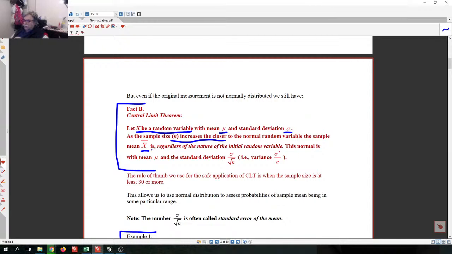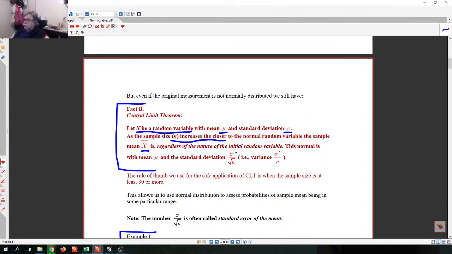Once you have a sample of at least 30, you can claim that this guy is approximately normal, again regardless of the nature of the original random variable. The original random variable, high school GPA, doesn't necessarily have to be normal. The only thing we ask is that it has a mean and standard deviation. But we can conclude that X bar is normal.